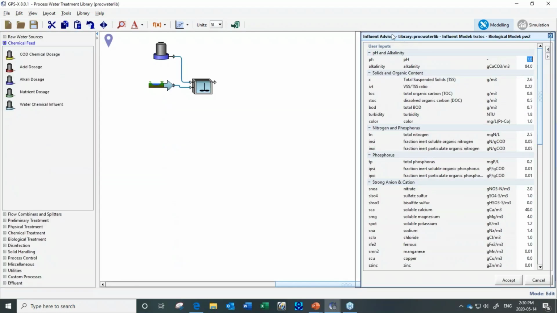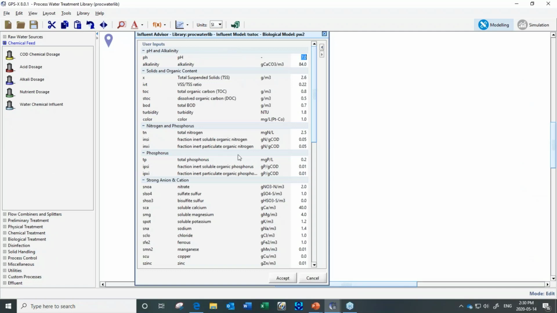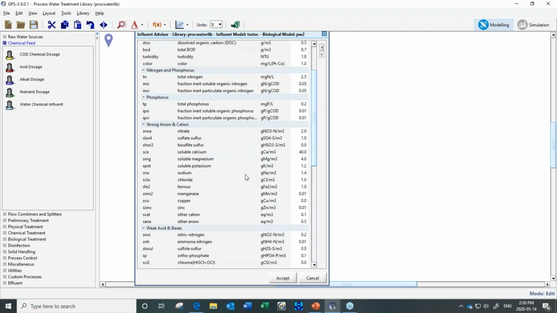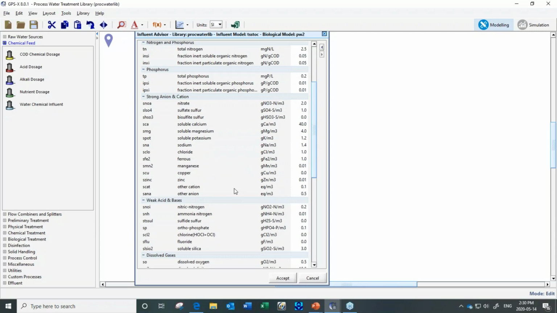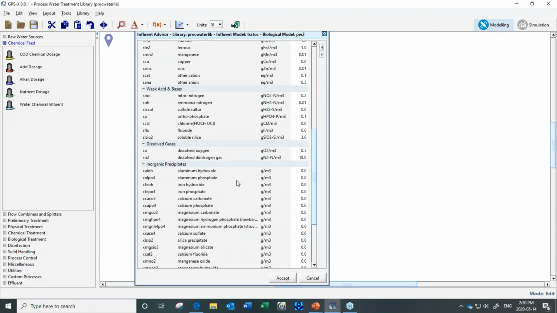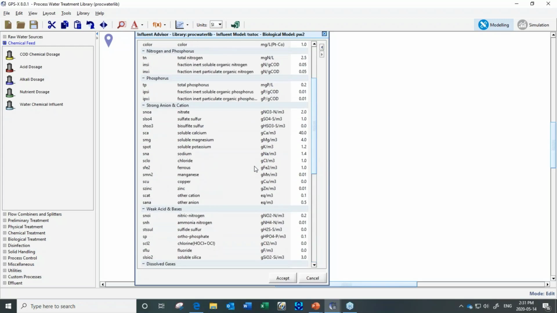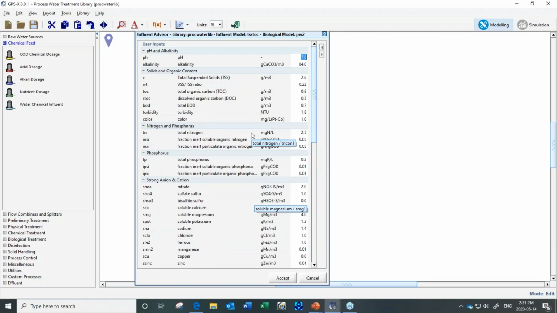This is the information that you will feed into the model, starting with pH, alkalinity, what is your TSS, TOC, for example, and some of the strong anions and cations that you have in your system, some of the weak acids and bases, dissolved gases, inorganic precipitates. So you will define your wastewater, define your water, with the characterization or the properties that you have.